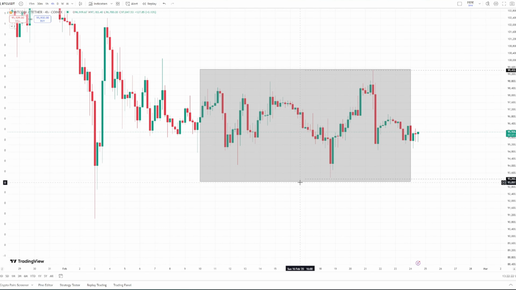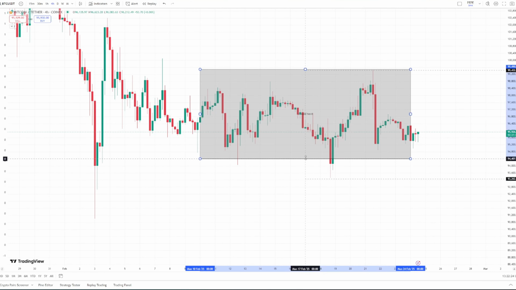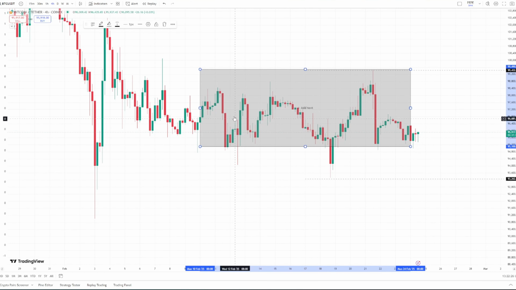Mostly on Mondays and Tuesdays, we'll see the range limit of that weekly range in the shorter time frame. I'm using the 4 hour time frame. You can just grab the concept and back test it on the chart.